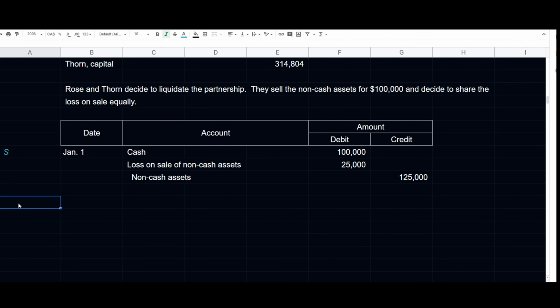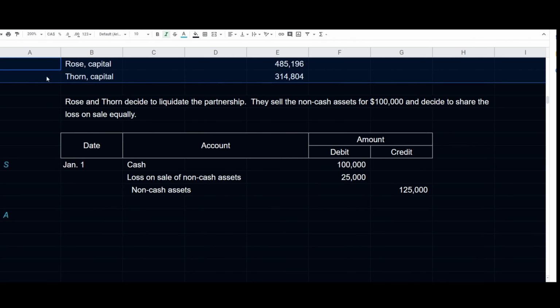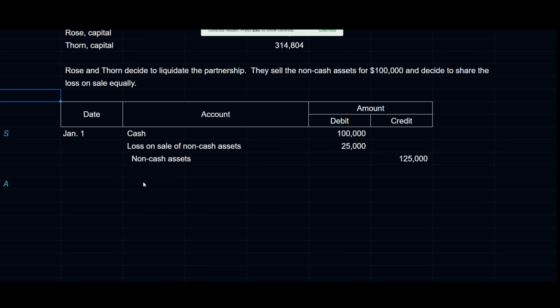The next step that we talked about was A, or allocate the gain or loss. In this case, we have a loss of $25,000 that needs to be allocated to each partner's capital account. We were told in the question that they will share this loss on the sale equally. So let's deal with that.